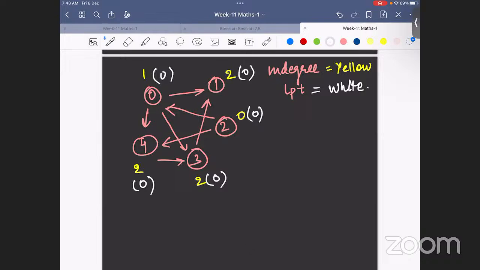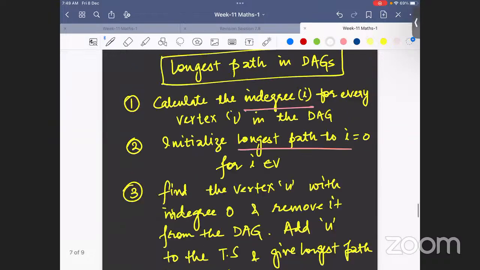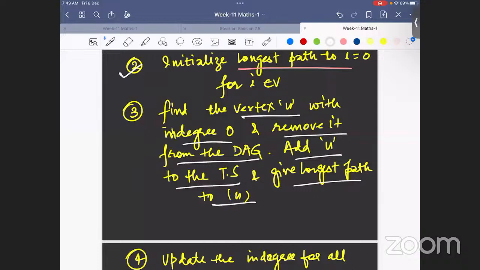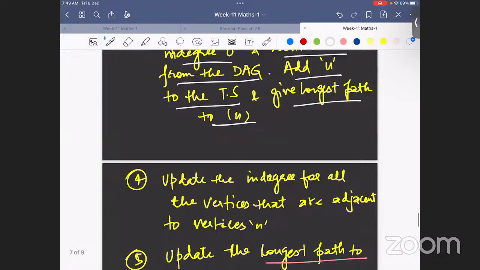Yes, sir. So what is the next step that we have to do? The first is calculate the in degree. The second, we have done, initializing the value. The third is find the vertex u with in degree 0, remove it from the DAG, and add u to the topological sorting. And then we have to update the value of longest path to u. Correct?